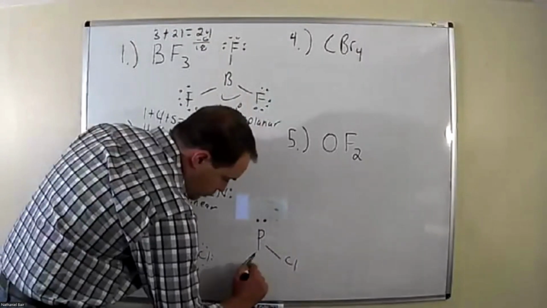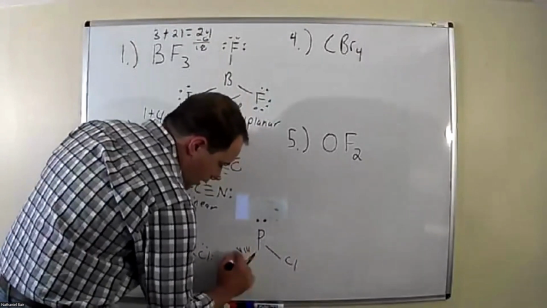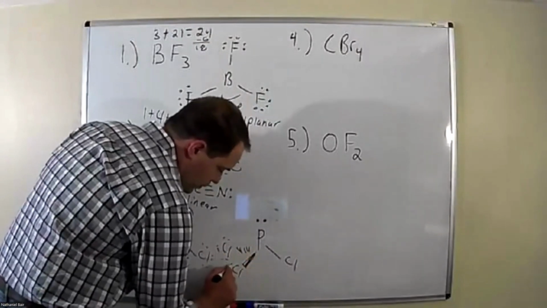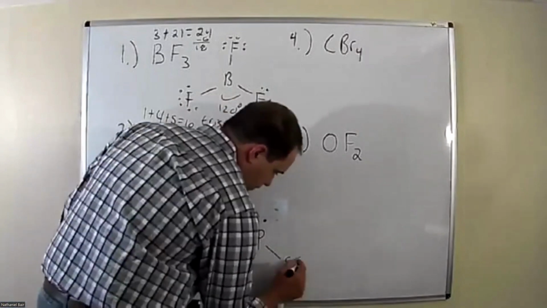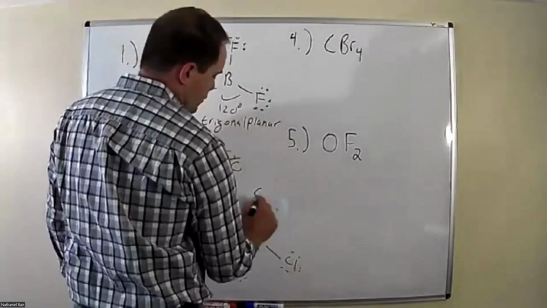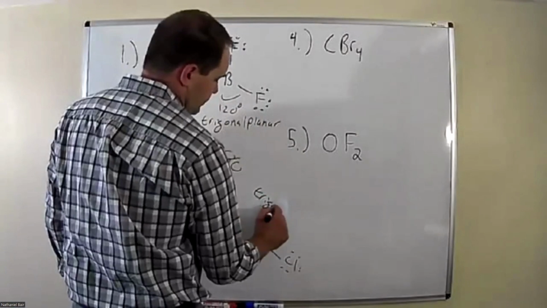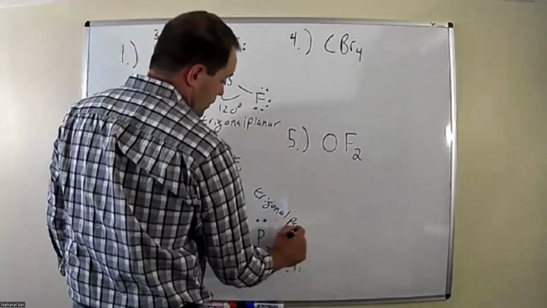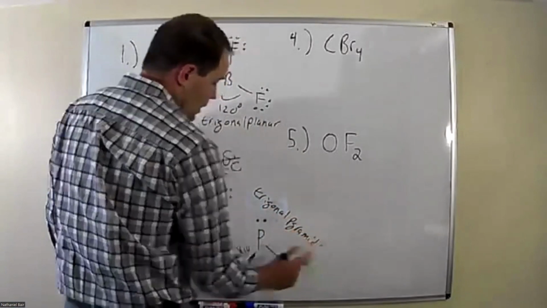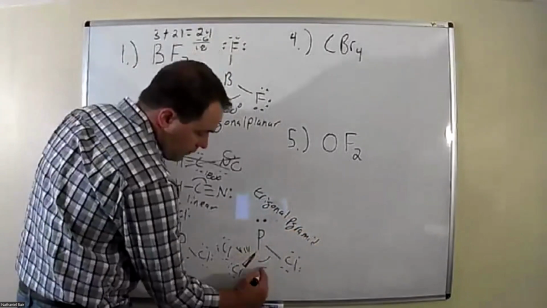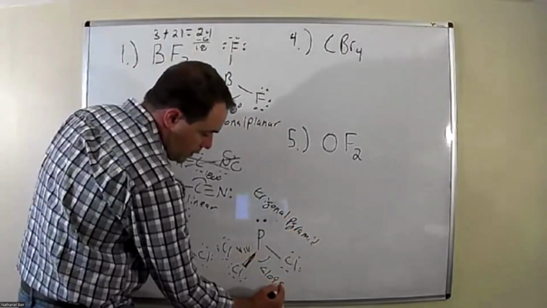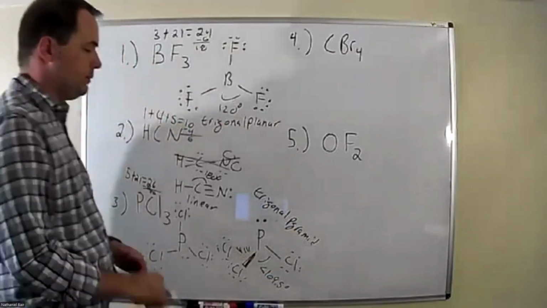Then one of the bonding groups is coming out at you, and one is going away from you. So this is a trigonal pyramid. It's going to have bond angles of less than 109.5 degrees.